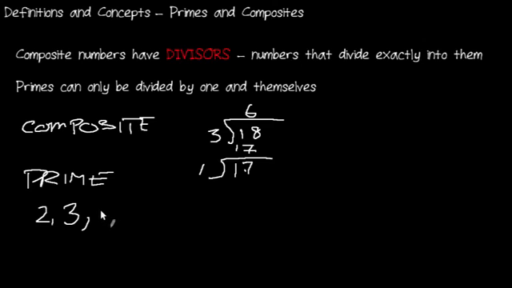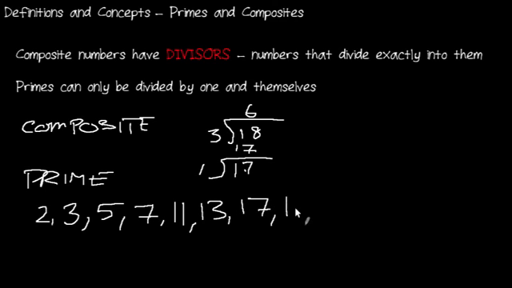What about 4? 4 is an even number, so that's definitely not prime. 5 can only be divided by 1 and itself. 6, no. 7, 8, no. 9, well, 9 is 3 times 3. 10, no, 10 is even. 11, 12 is even. 13, 14 is even. 15 is 5 times 3. 16, 4 times 4. 17 is the next one. 18, 19. 20, not 21, we saw that earlier. 22, 23, and maybe you can come up with additional prime numbers. So that's primes: only divided by 1 and themselves, and composites have more than 2 factors or divisors.